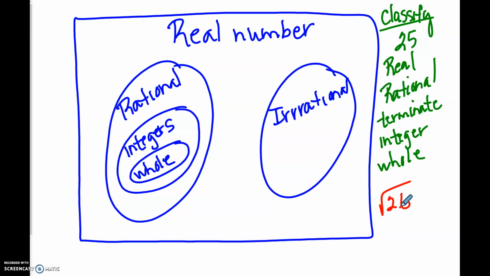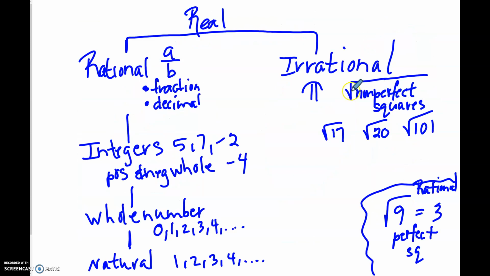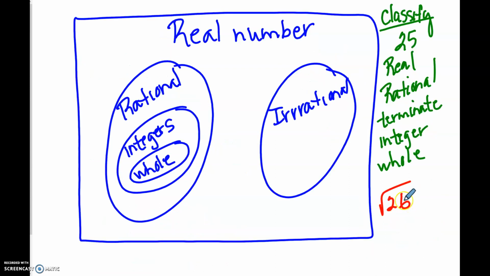No. Remember in the first one when I said that irrational numbers are square roots of non-perfect squares? The square root of 26 is a non-perfect square. So this one is real and irrational.